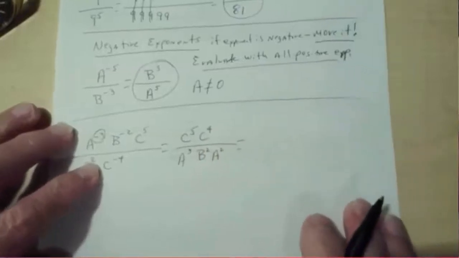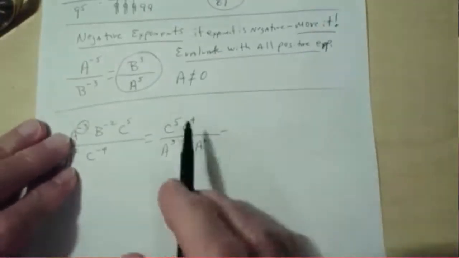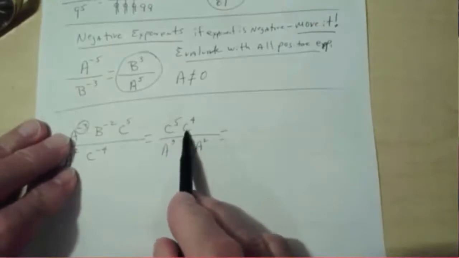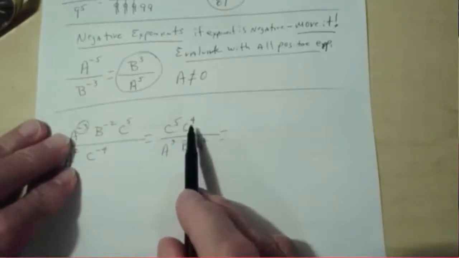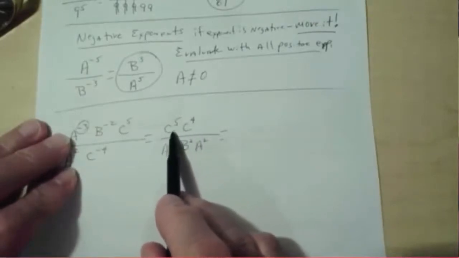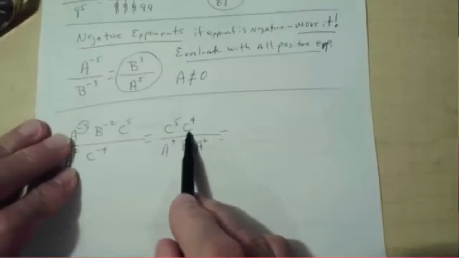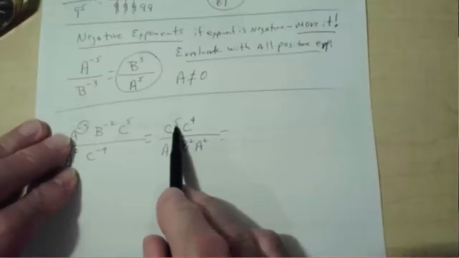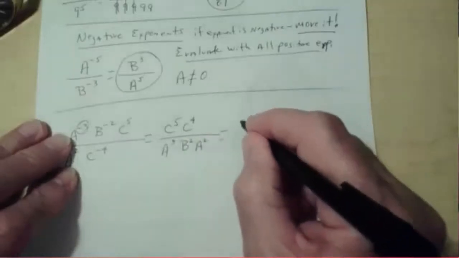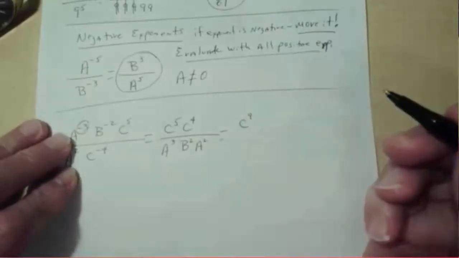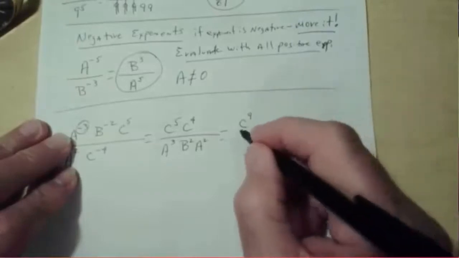Now, c to the 5th times c to the 4th. If there's not a plus or a minus in here, this means to multiply. What do we do when we have the same base numbers and we're multiplying? We add the exponents. That's c to the 9th. Is that right? Yeah.